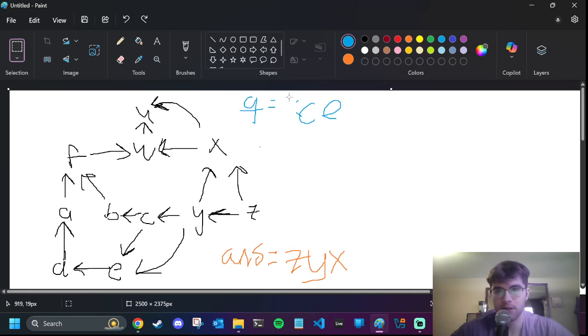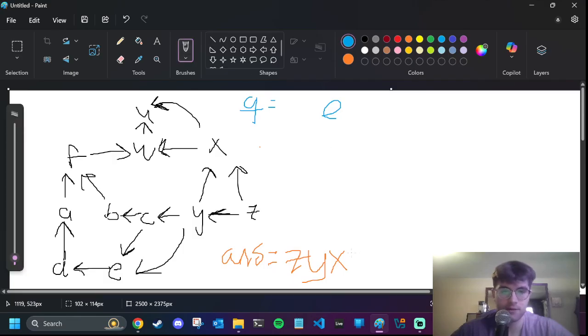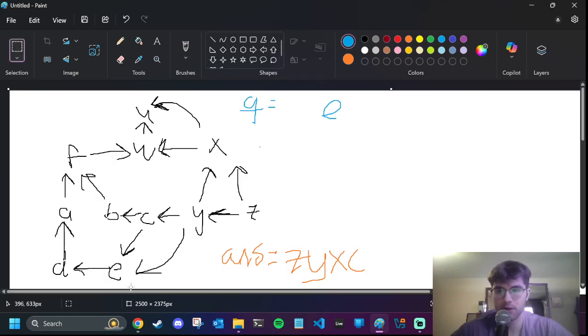Now we pop C, add it to the answer. And then all of its neighbors. So B is good. Also, I shouldn't have added E because E's prerequisites are not met yet because of this one. So X was correct.